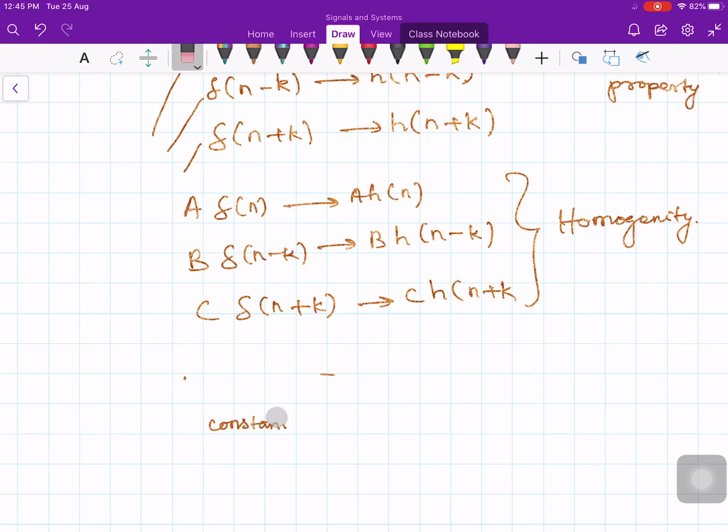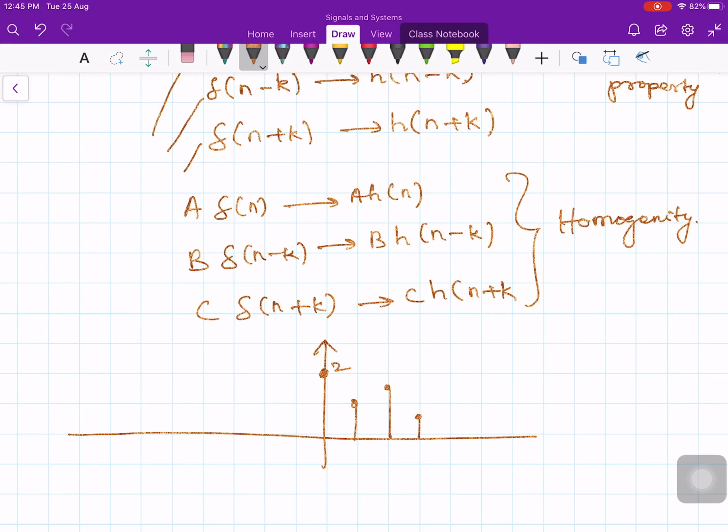Let us say I have an arbitrary signal like this, and I have 2 here, 1, 1.5, 0.5, minus 0.5. I am just drawing some arbitrary figure, 1, minus 1, minus 1, minus 1, plus 1 like this. Let me call this x of n.